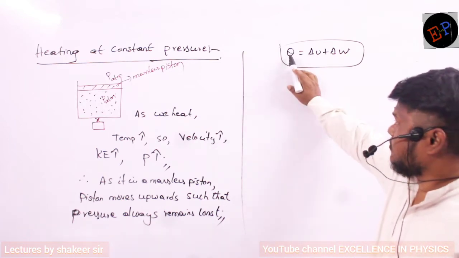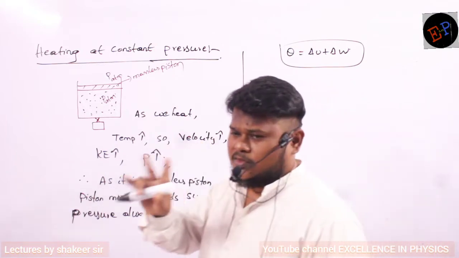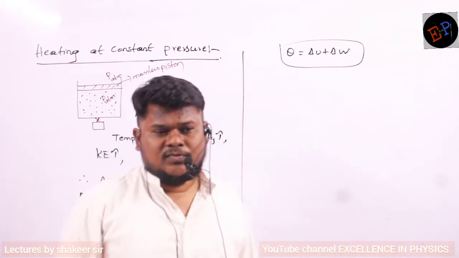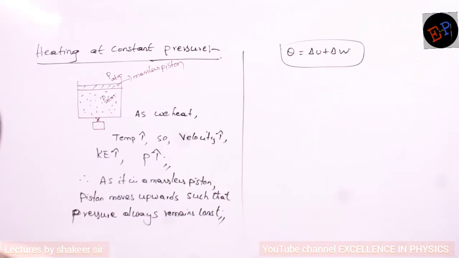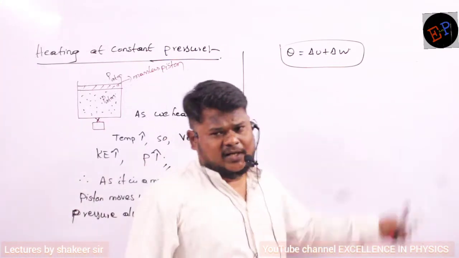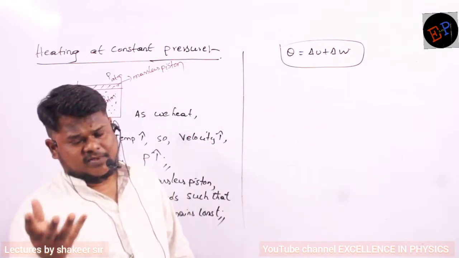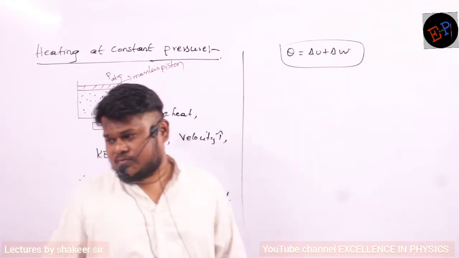So the total heat energy which you supply will do two things. What are the two things it will do? The heat which you supply can raise the internal energy. Similarly, it can do some work also. Are you able to understand?